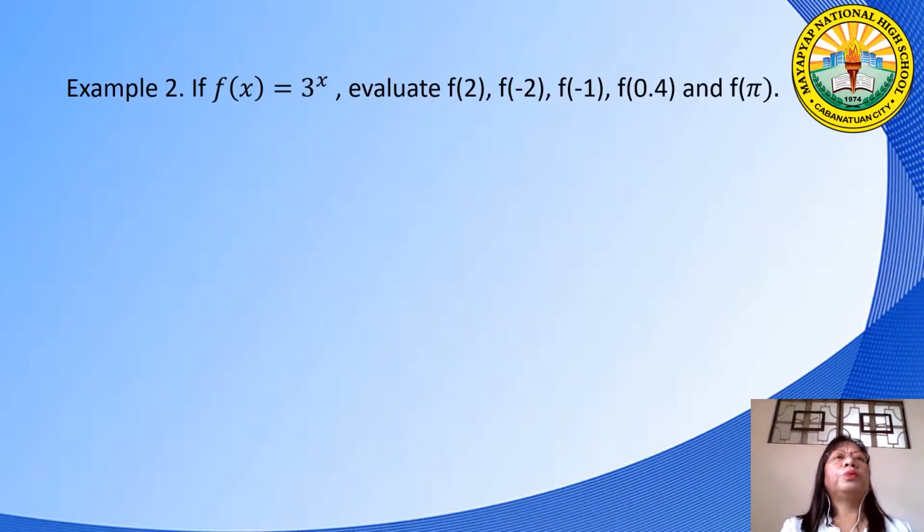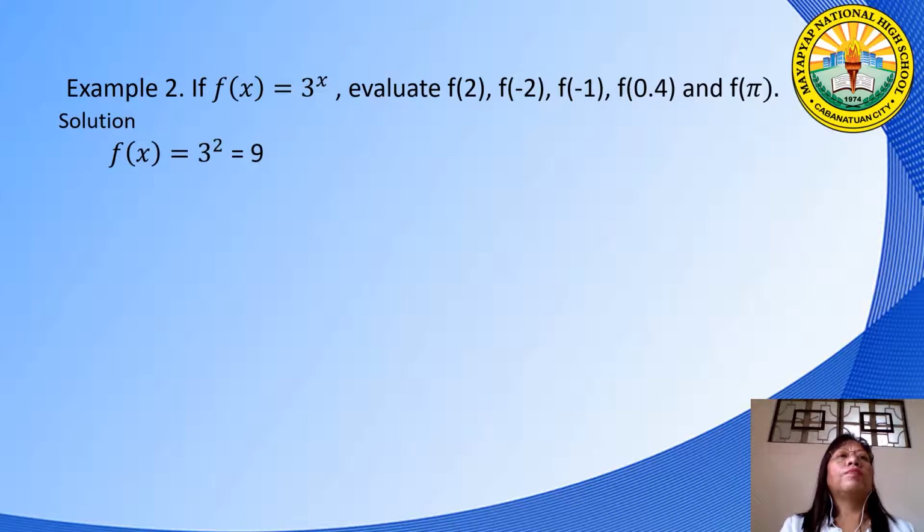Example number 2: if f of x equals 3 raised to x, evaluate f of 2, f of negative 2, f of 1/2, f of 0.4, and f of pi. So if x is 2, replace x with 2, so f of 2 equals 3 to the second power equals 9.